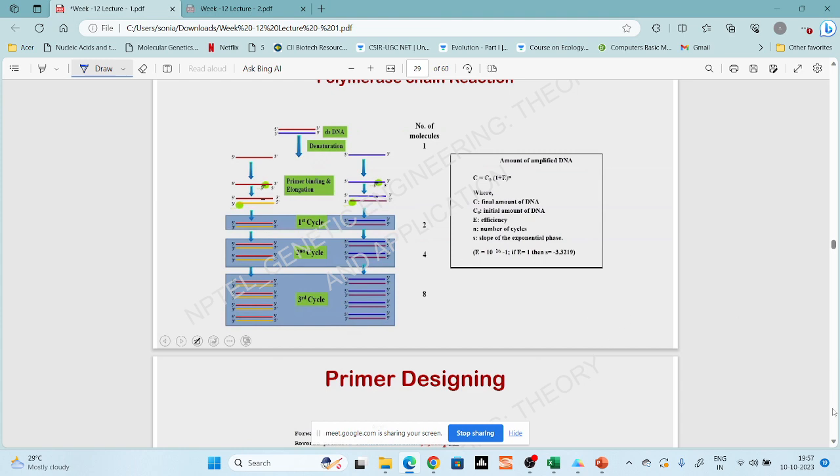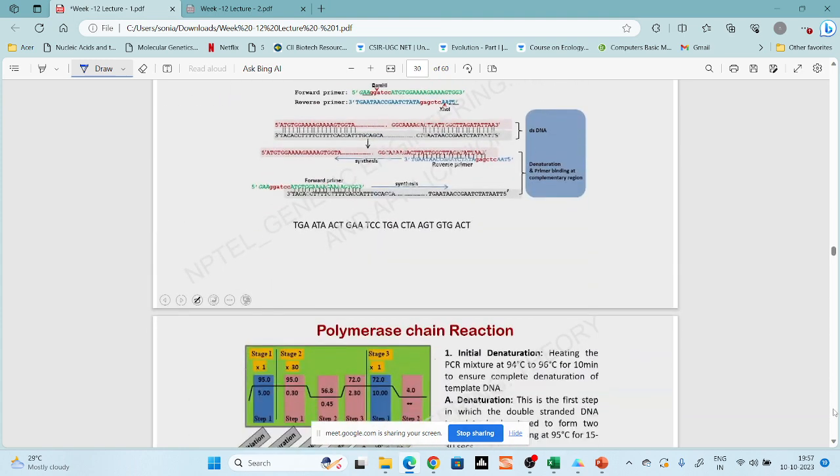Then we have studied primer designing. There are certain criteria that you need to look at when you are designing a primer. We have already studied that, but I told you that if you really want to study primer designing, you can come and ask me questions, but nobody did, so that's fine.